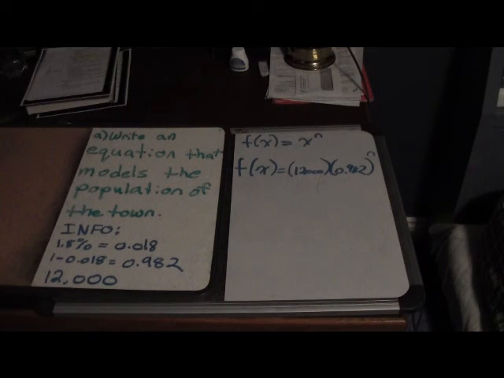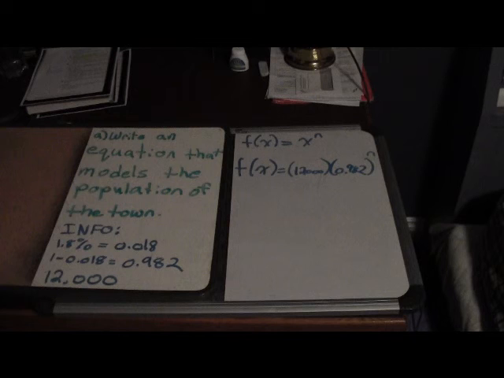We need to put that number into a decimal so that we can use it in our equation. It also says that the population is decreasing, so you want to take your percentage, 0.018, and subtract that from 1. We did that on the left side of the screen, and we got a value of 0.982.